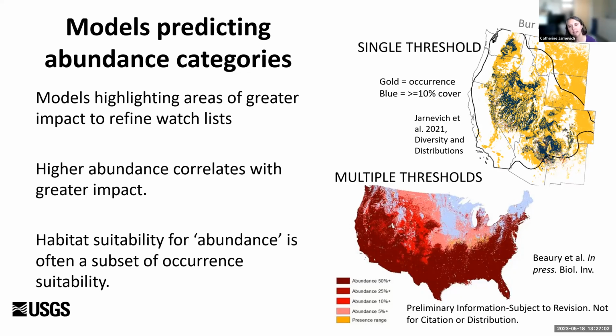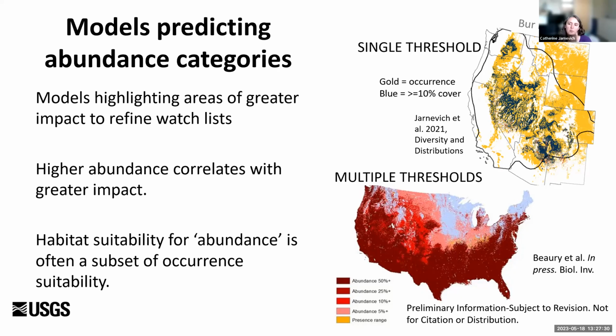So what we're doing is saying, where are all the locations where the species occurs at 5% cover or greater? And we can make a model for that. Where are all the locations the species occurs at 25% cover or greater, and make a model for that? There are a couple of examples on the right, the top one being where a model was created for occurrence. It's shown in gold, and blue is where the species had 10% cover or greater.